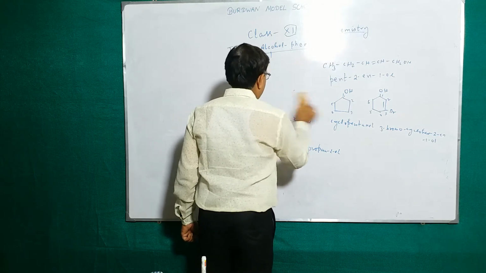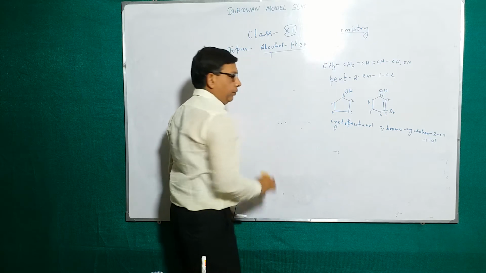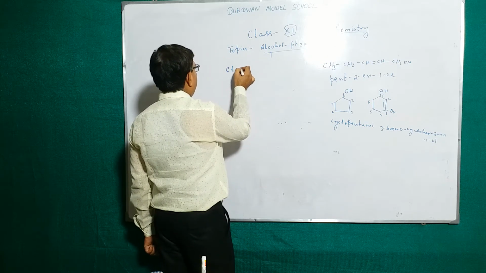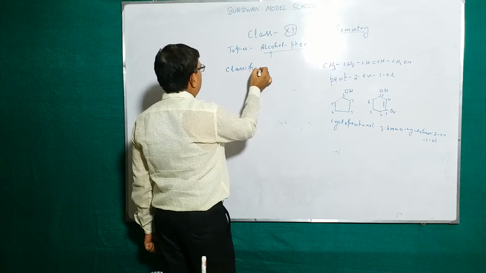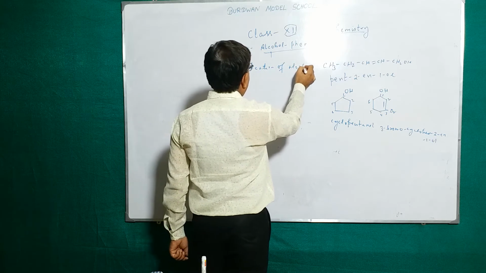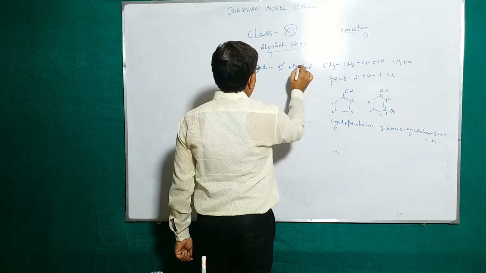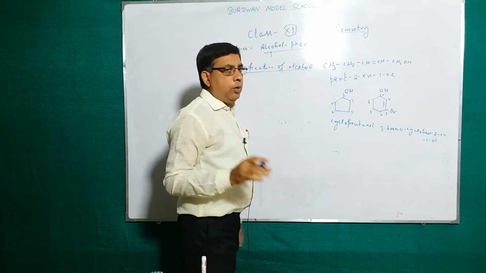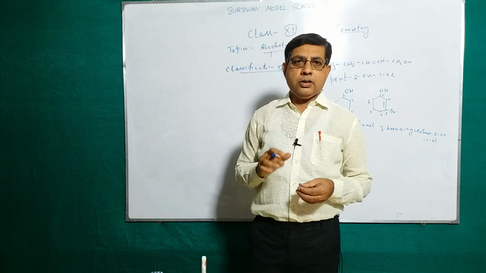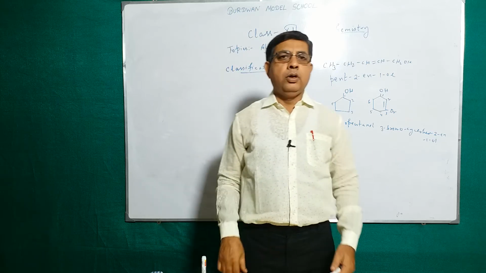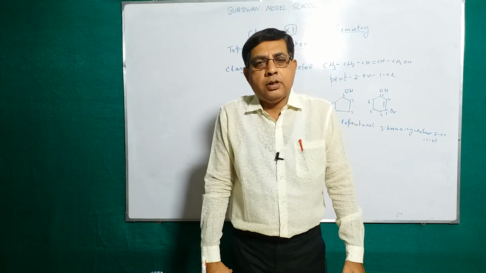Now first study about the classification of alcohol. On the basis of the number of hydroxyl groups, that is OH groups present in the compound, alcohols are 3 types.